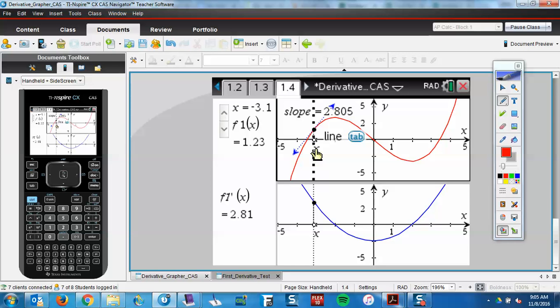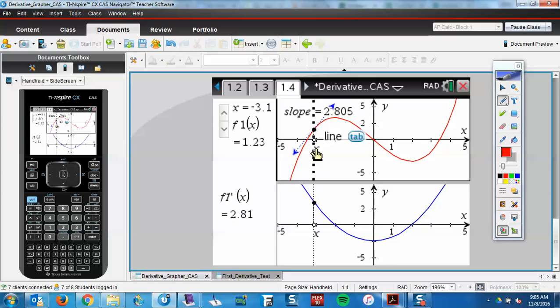If a graph never changes direction, like that orange graph we just saw, we call that monotonic. Mono meaning one. Think monotonic means one direction. It just goes one direction, which means it's always increasing or it's always decreasing.